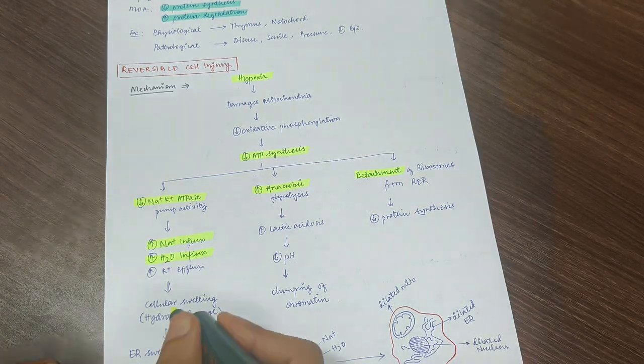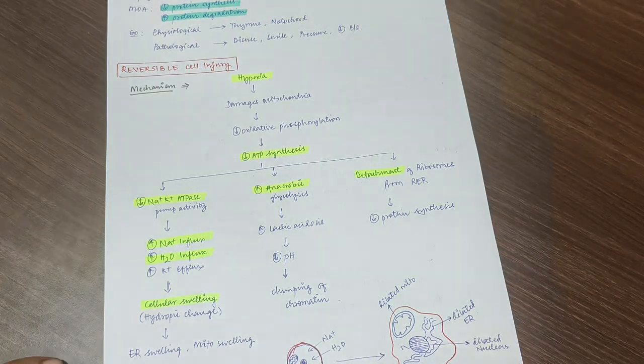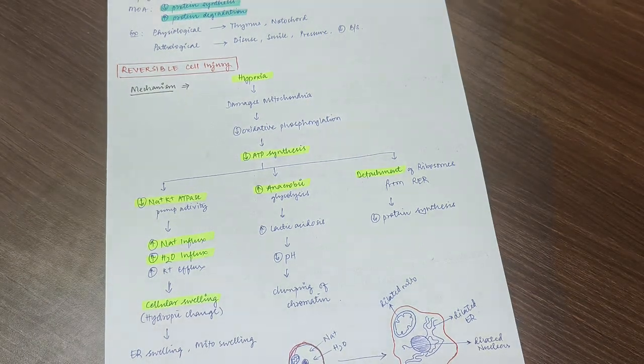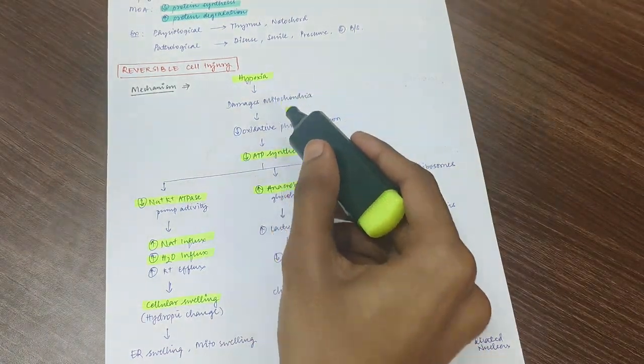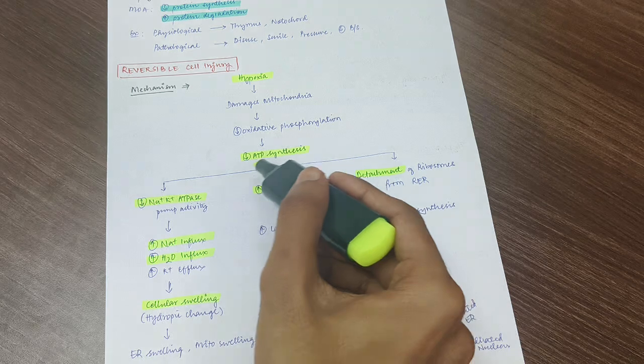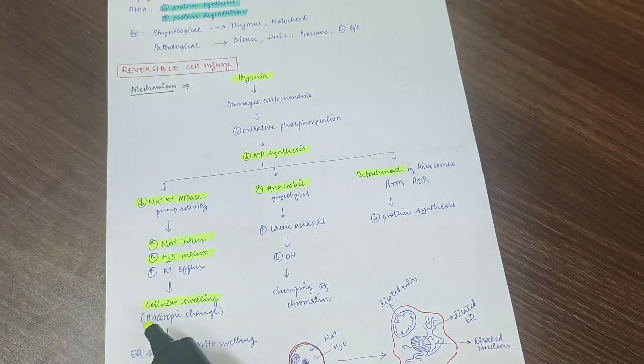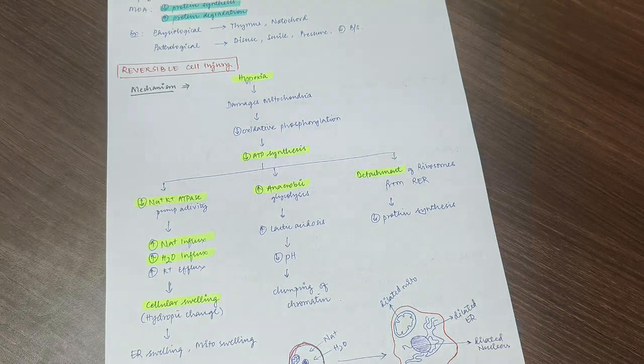It will cause cellular swelling, and that is called hydropic change. Don't get confused. Hydropic change and cellular swelling both mean the same. You are going to write the same pathway from hypoxia till decreased ATP synthesis, and divert your pathway to cellular swelling.